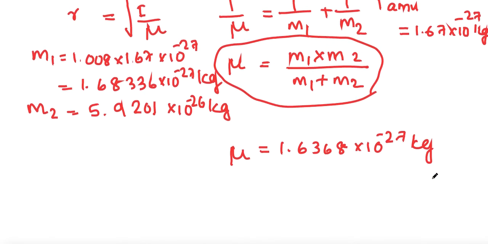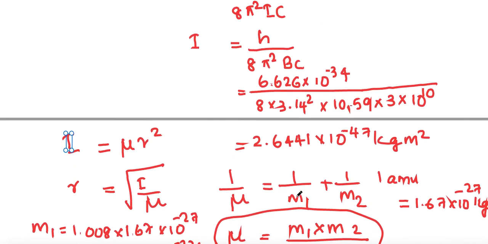Now the question is very simple. Bond length r is equal to square root of I by mu. We have already calculated I here. The value of I is 2.6441 into 10 raised to minus 47.